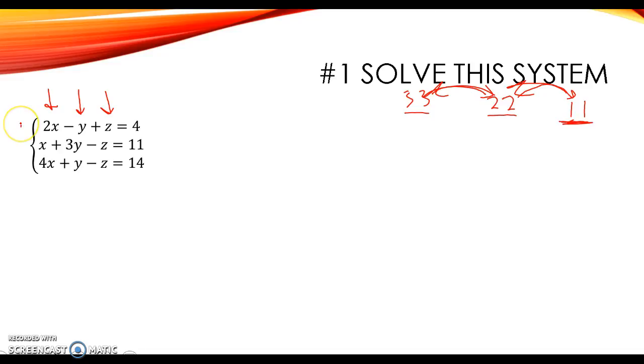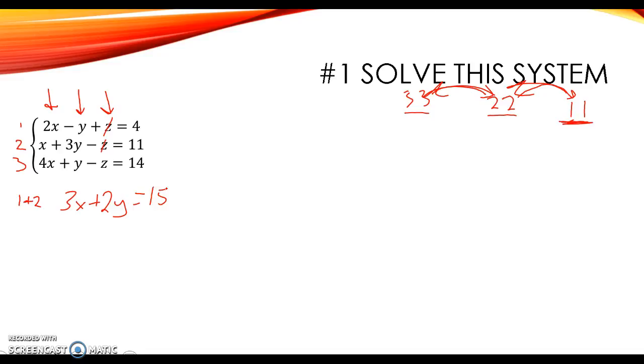If I call this equation number 1, this equation number 2, and this equation number 3, I can first start by taking equation 1 plus equation 2 and adding them together, and I will eliminate a z. So 2x plus x is 3x, negative y plus 3y is plus 2y, and then a z plus a negative z, those are eliminated, and that's going to equal 4 plus 11, which is 15.